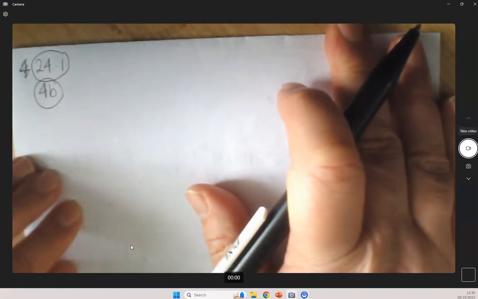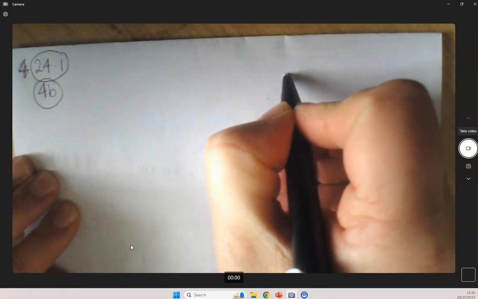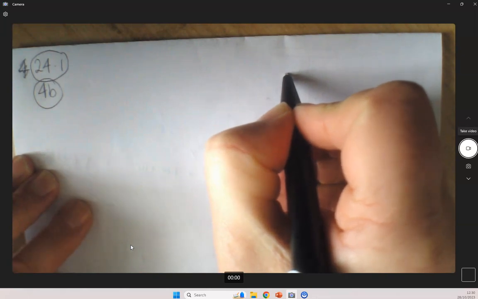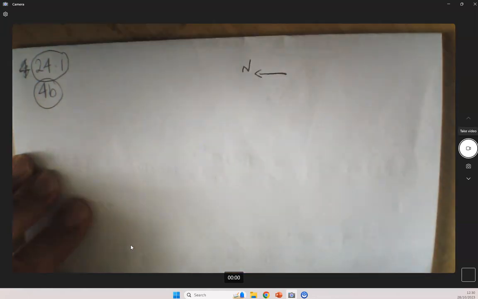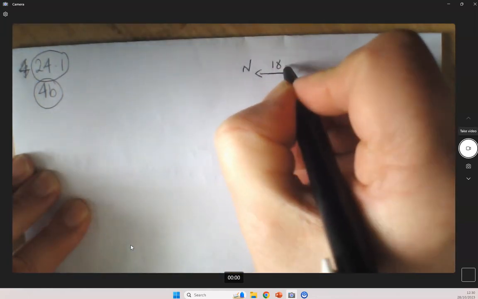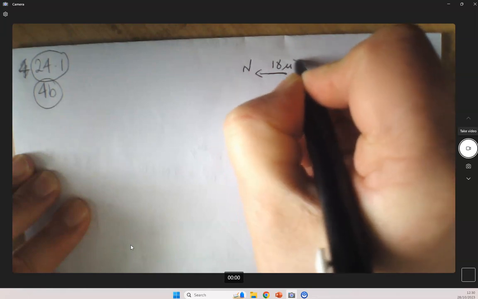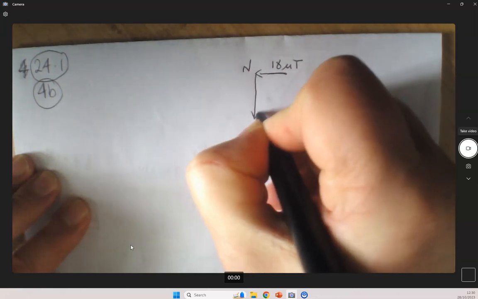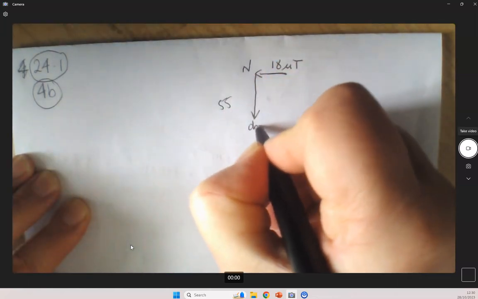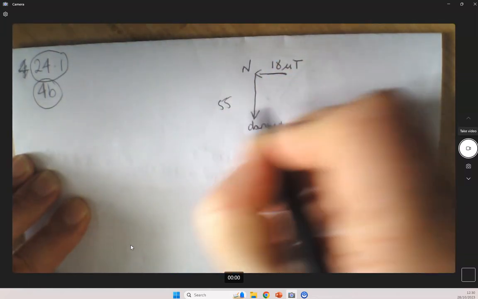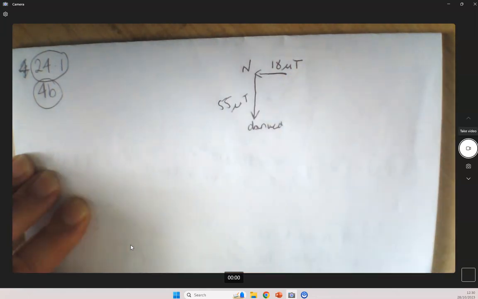Now, what I've got then is the Earth's magnetic field. It's saying it's going in a northerly direction, so that's to the north, and it's got 18 microtesla, and it's got a field downwards of 55 microtesla.